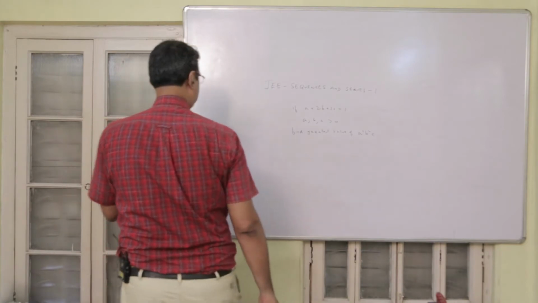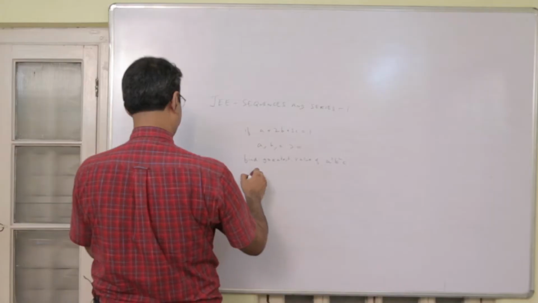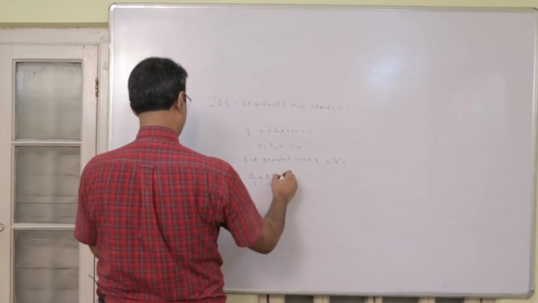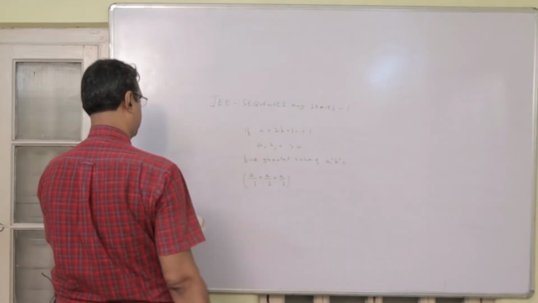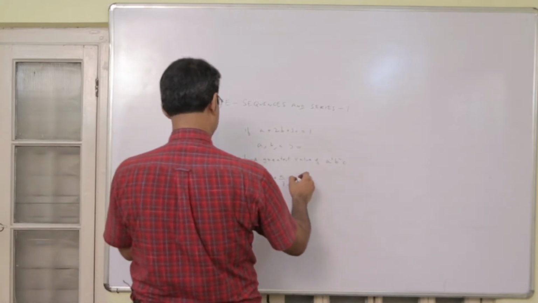Now to do this kind of question, you will have to proceed like this. Instead of a, you write a by 3 plus a by 3 plus a by 3.